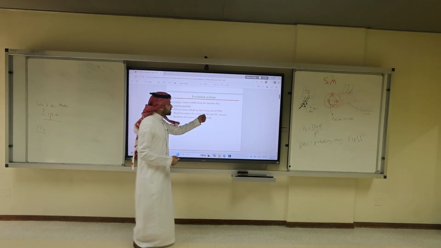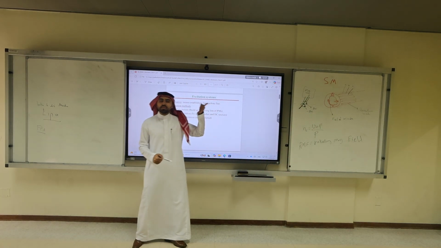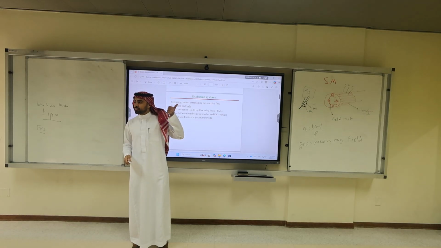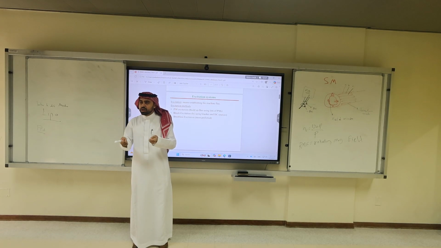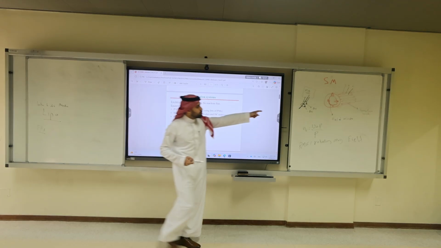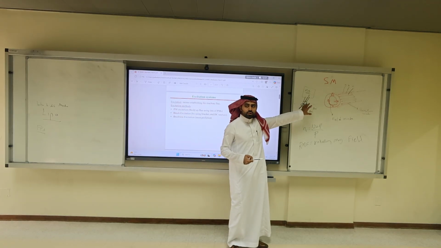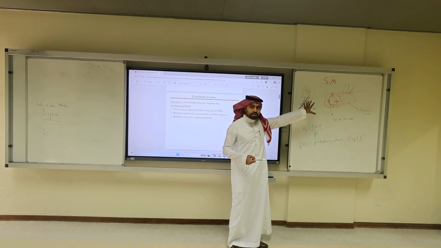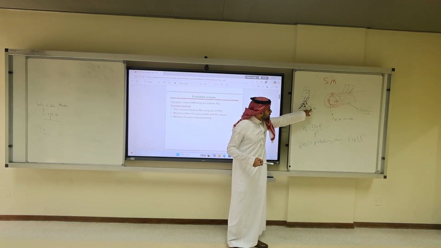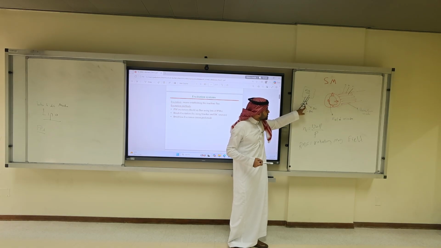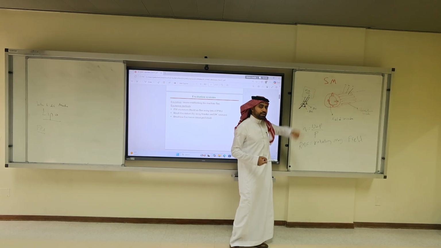So we use brushes and DC sources similar to the commutators for a DC machine. Remember, you're just connecting DC to the rotor windings using the slip rings. Using two slip rings and two carbon brushes, you connect the DC source, positive and negative, to the windings.